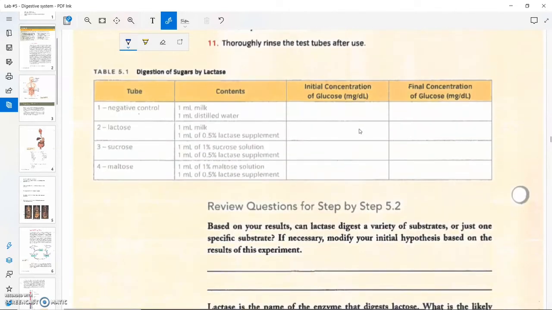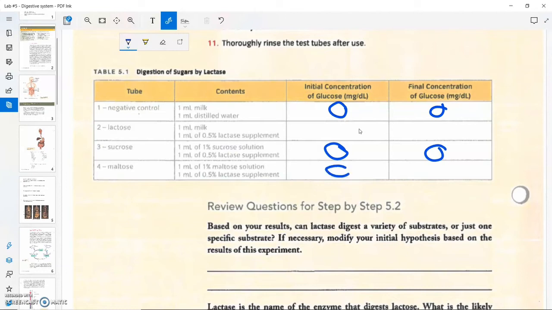So we're not going to actually use specific numbers, but just make up. So if you mix milk and distilled water, it is not going to break down any milk. So we can easily say that it was initially 0, final concentration was 0. If we add sucrose, and we mix sucrose and lactase together, lactase is specific, so 0 and 0.